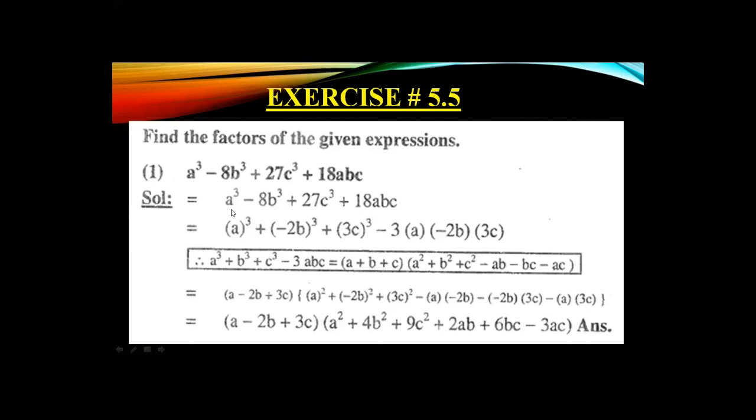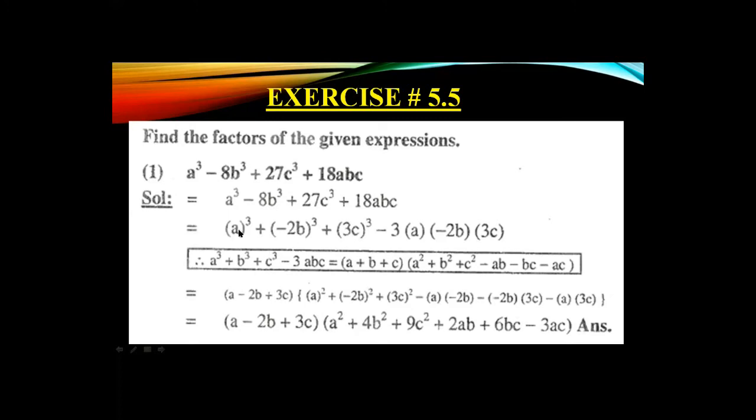Now this term will become a cube, and the formula shows that we want a cube plus b cube plus c cube. So we have to mold this question into the formula form. So we are going to use a plus sign in between, and instead of minus 8, what is the cube root of minus 8? It is minus 2b. And what is the cube root of plus 27? It is plus 3c.